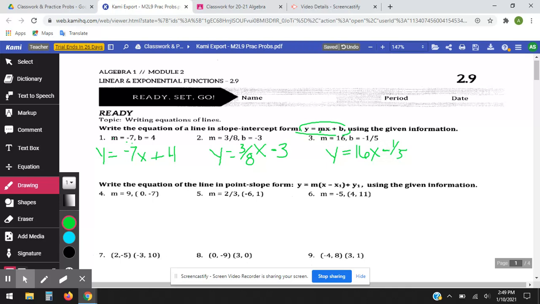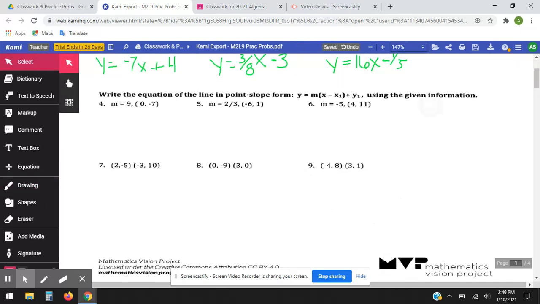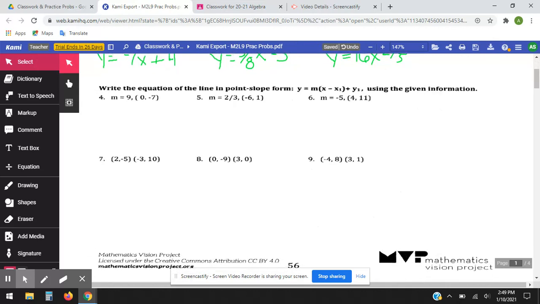And those are done. These next ones, we're going to write in point slope form, which is basically my x1 value and my y1 value. So when I'm substituting, I substitute for the x1 and the y1, and m stays the same.